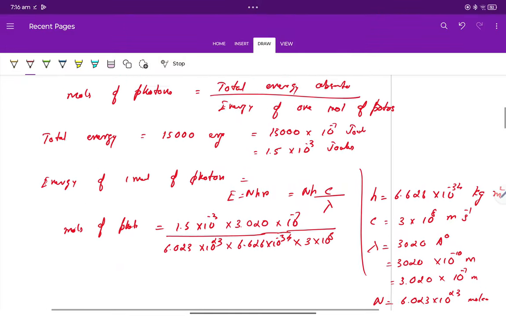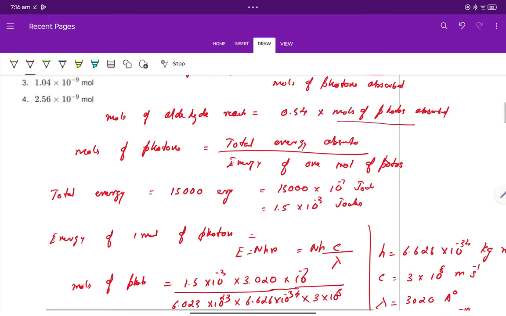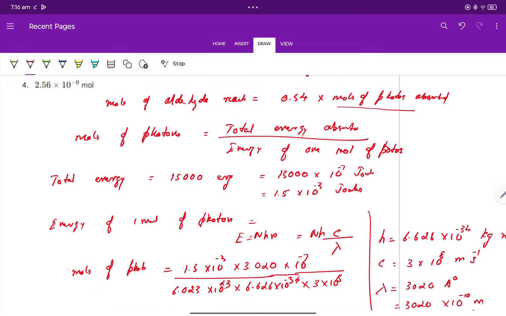Now you can directly convert to the moles of aldehyde reacted. You can substitute this in that equation.